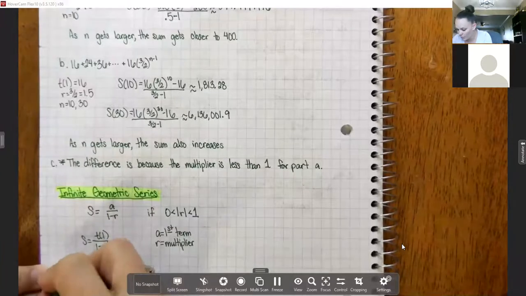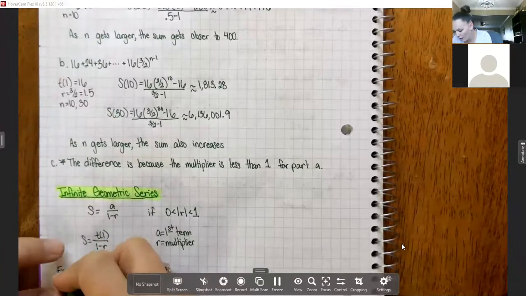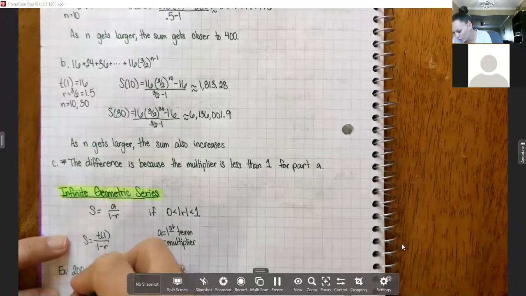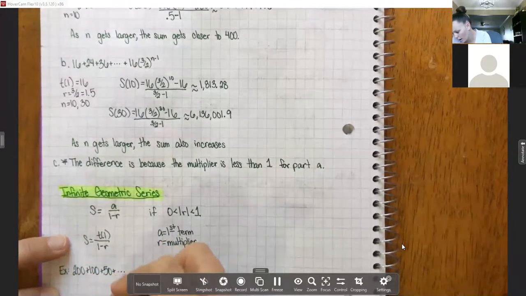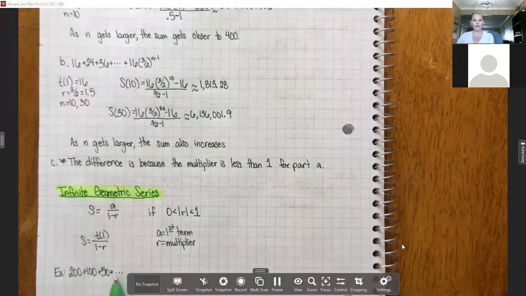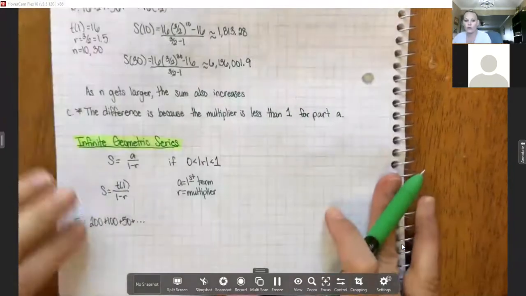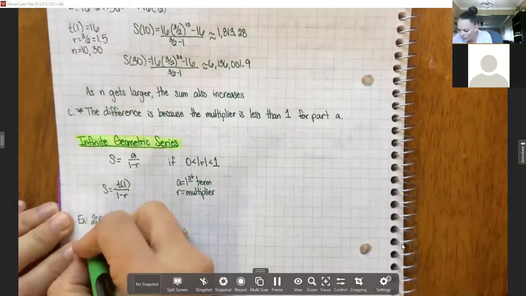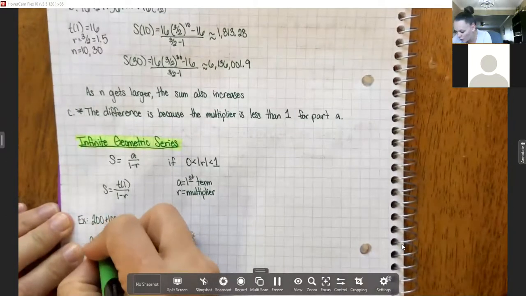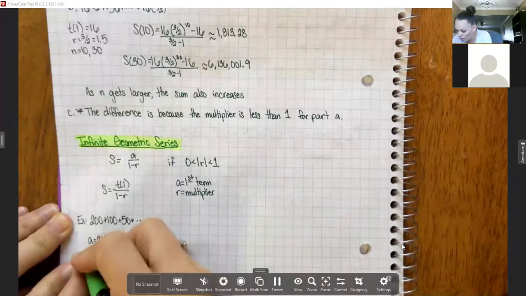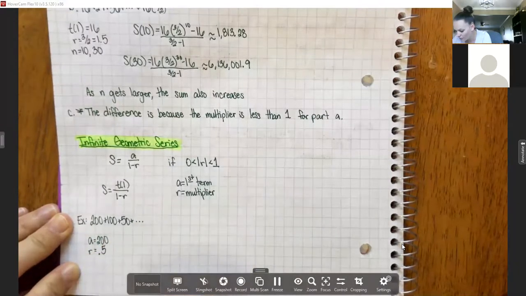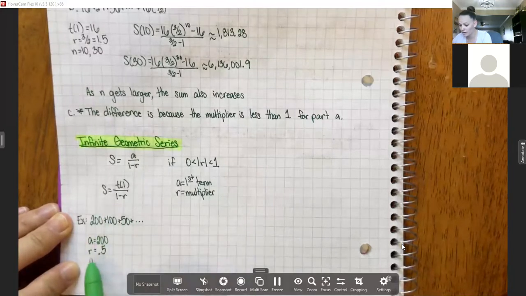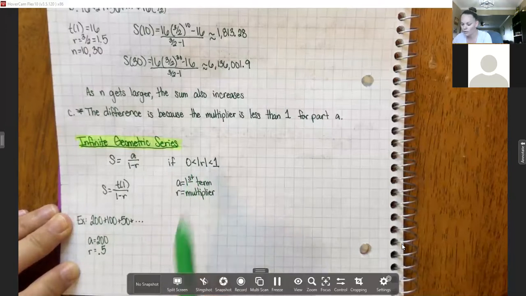So for example, if we have 200 plus 100 plus 50 plus ..., and if it just says ..., that means it's going on forever. So here A would be 200, or T of 1. Our multiplier is 0.5. So we're allowed to use this formula because our multiplier is between 0 and 1.